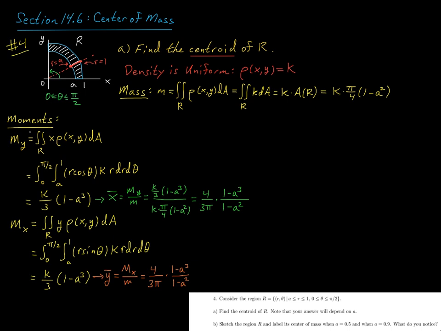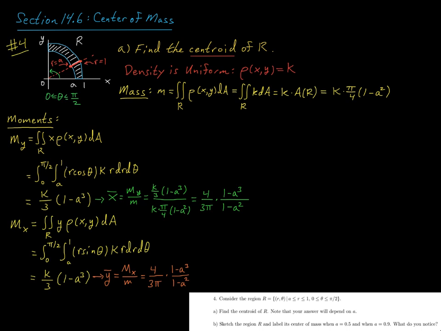Then for the y moment, I'm going to have the integral of x times our density function over our region. In polar coordinates, our radial value r will vary from a to 1, and then we sweep from theta equals 0 to theta equals pi over 2, through that first quadrant. x in polar is r cos theta, our density is k, and our differential area element dA is r dr d theta.